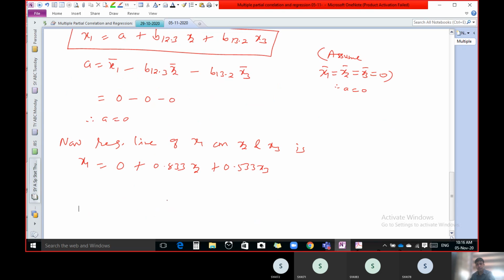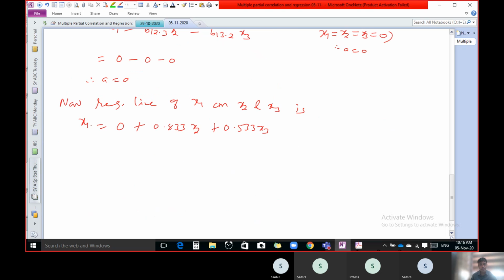Without the 0, we get the answer. Therefore x1 equals 0.833 x2 plus 0.533 x3, and once we know this equation, by putting the values of x2 and x3 we get the value of x1.